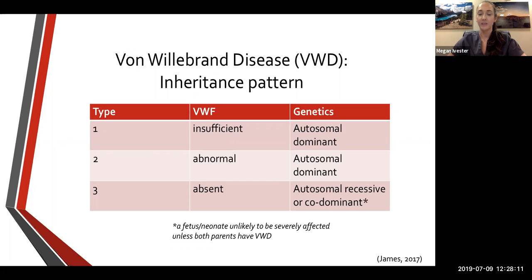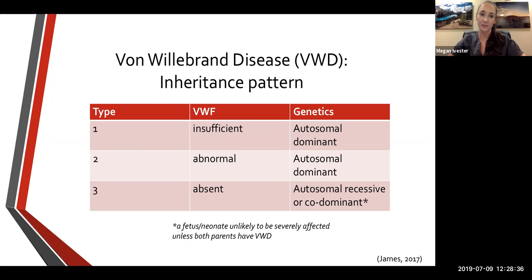If both parents have the factor, then they're going to be more affected. However, it is a precautionary thing, more so in type 3 than any of the other types, for prenatal screening and things like that. But what we're looking at is the von Willebrand factor is playing a part in all three of these types, just in different ways.